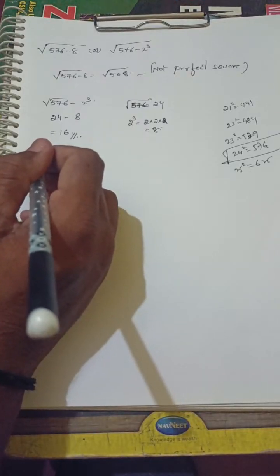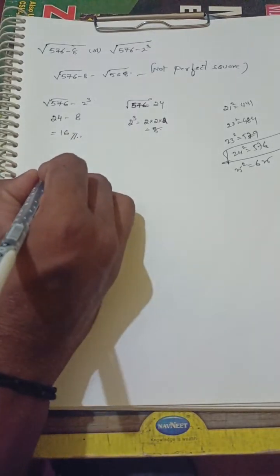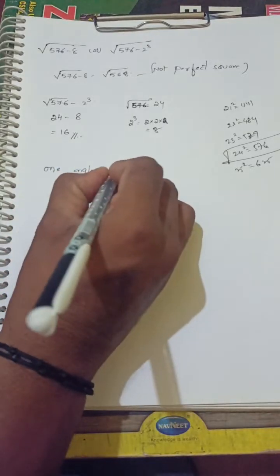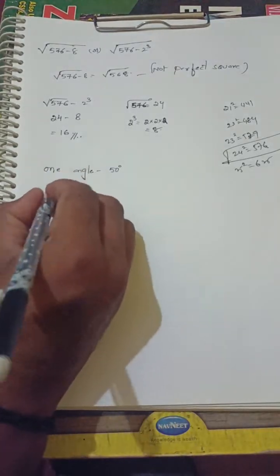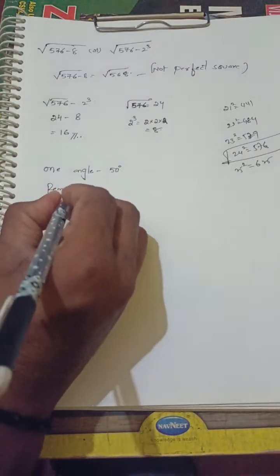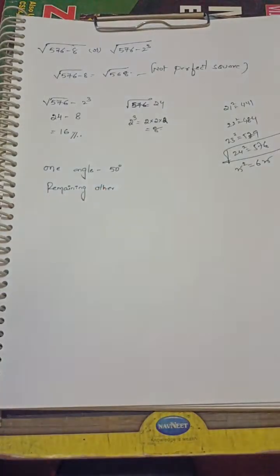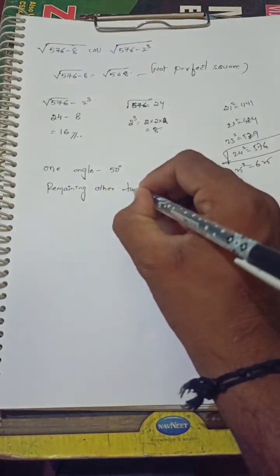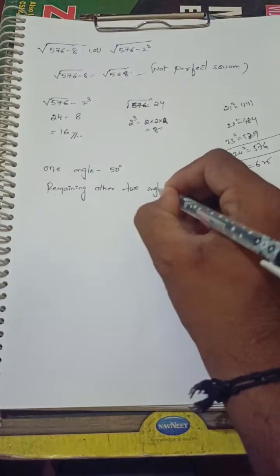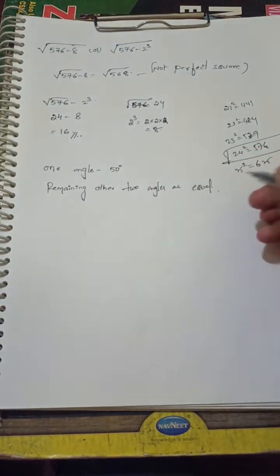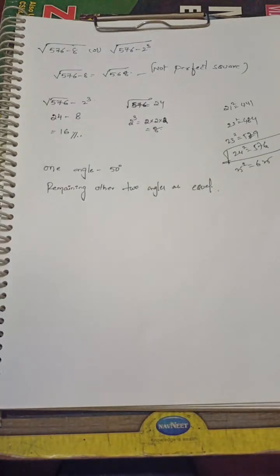So the next question is, see carefully, one angle is given as 50 degrees. Find the remaining two angles. The remaining two angles are equal. So we have three types of triangles. One is the equilateral triangle.